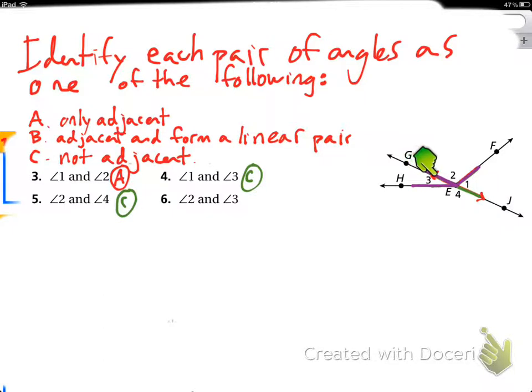Are the two other rays opposite rays? So ray EH and EF, are they completely opposite rays? No. They do not form a straight angle, which is what these would need to do. You can see I'm not completing a straight line as I run my finger along the two rays. So these are adjacent only, and that's A.